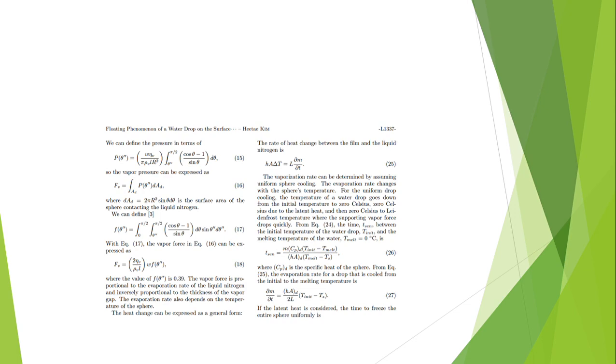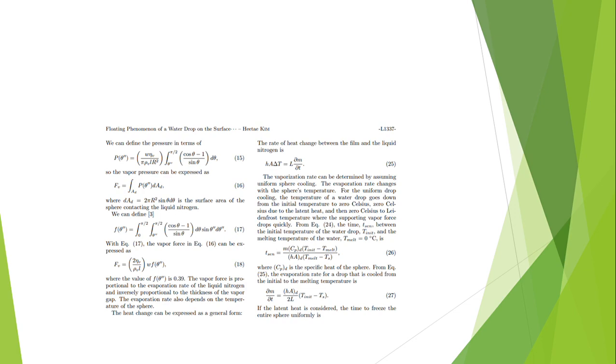As you can see in equation 16, t equals m Cpd multiplied by T initial minus T melt over HAd, T melt minus Ts, where Cpd is the specific heat of the sphere. From equation 24, the evaporation rate for a drop cooled from the initial to the melting temperature is, equation 17, partial M over partial T equals HAd over 2L, T melt minus Ts.